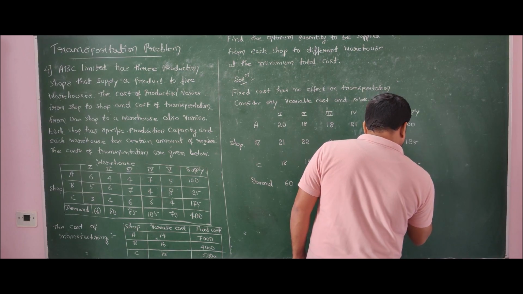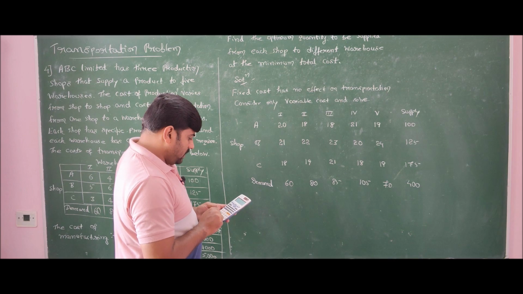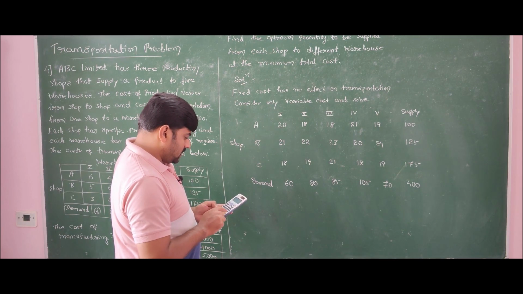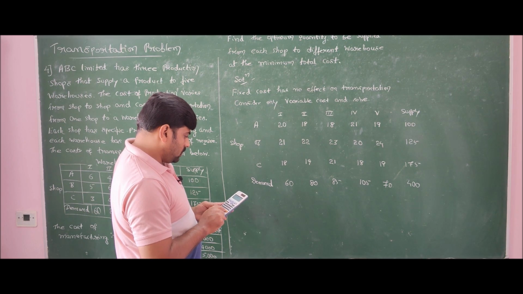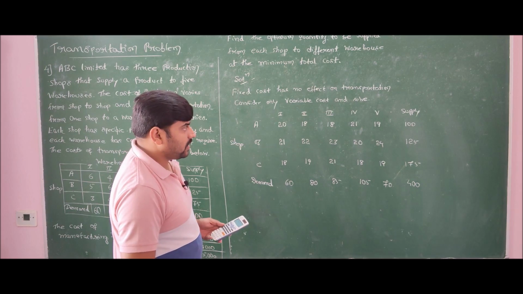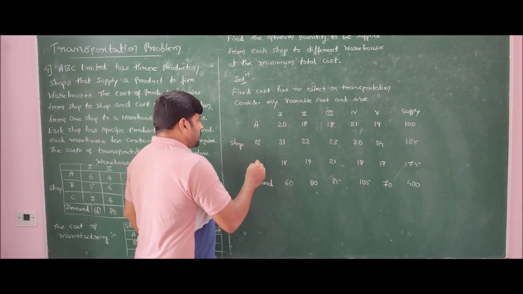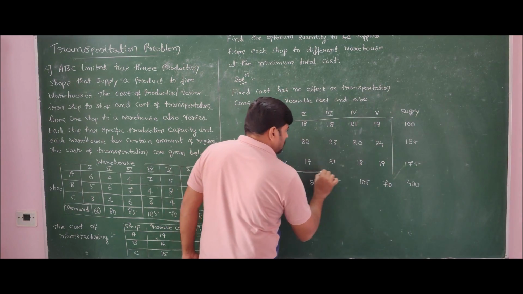The sum is yielding 400. Let me cross verify: 225 plus 175, yes, it is 400. Here we have 60 plus 80 plus 85 plus 105 plus 70, that is also 400. So this is our required transportation matrix, and for this transportation matrix we should solve.